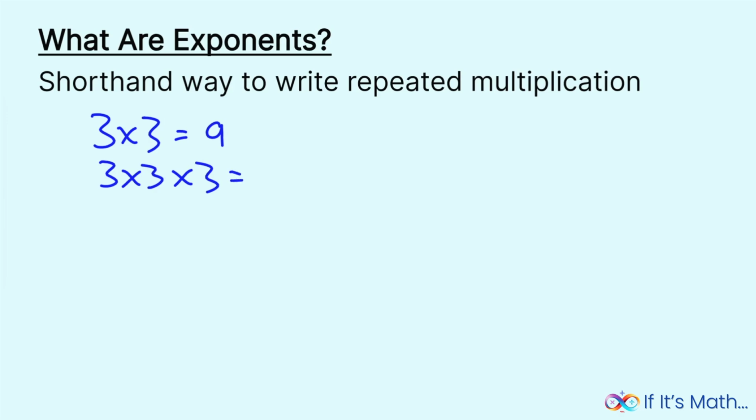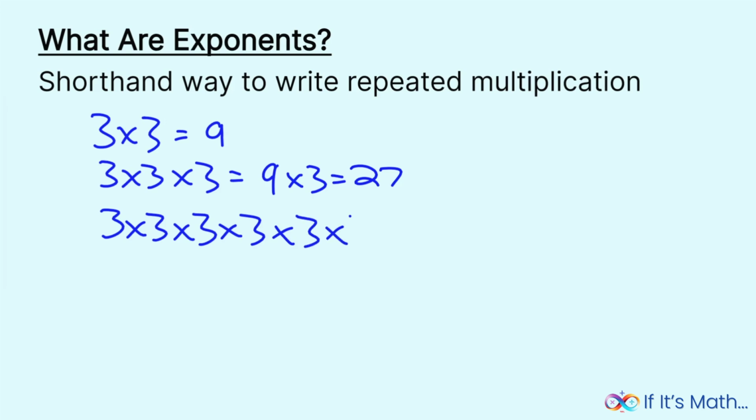So we have that first 3 times 3 is 9. Then we have one more times 3, which is going to give us our 27. So, okay, not too bad. But what if we had something like 3 times 3 times 3 times 3 times 3 times 3 times 3 times 3? Yeah, I don't want to have to write that again.